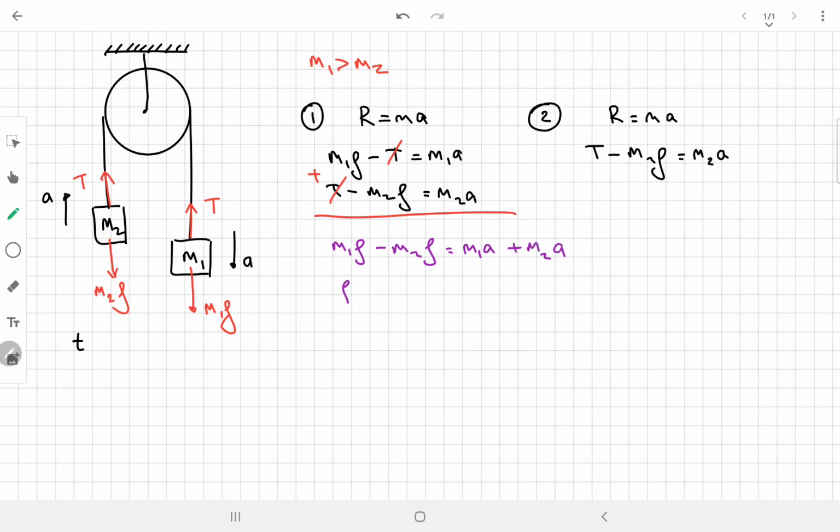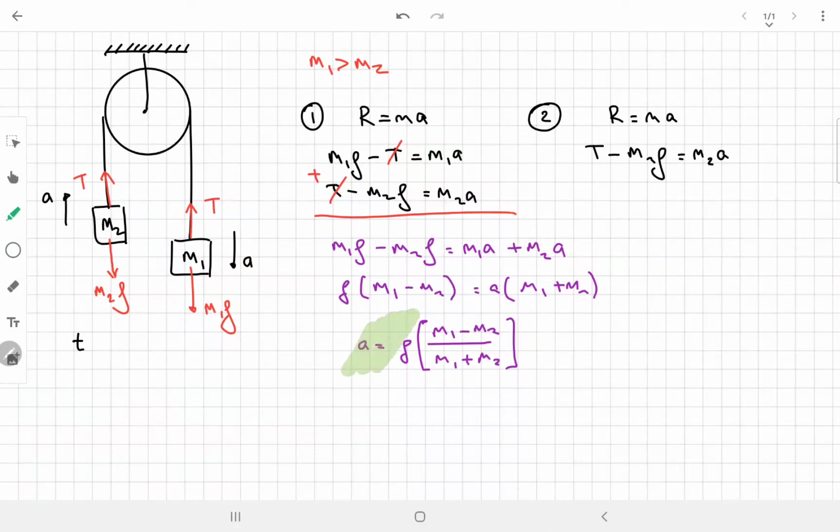We can take gravity out of the parenthesis, and we can also take acceleration out. So acceleration will be equal to g times (m1 minus m2) divided by (m1 plus m2). This is the acceleration.